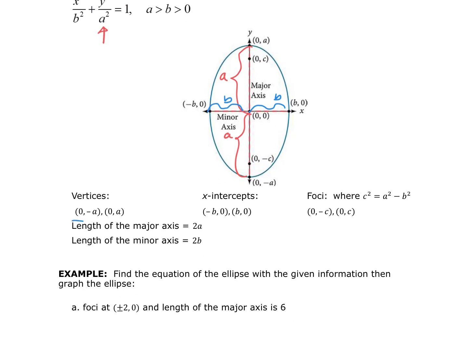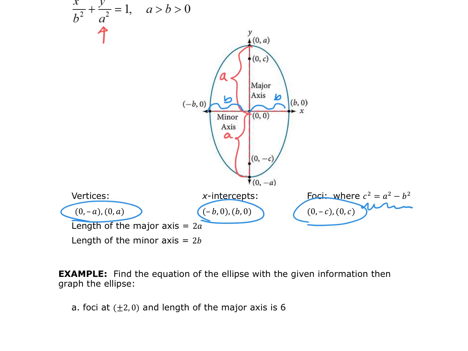Notice the vertices still have an a in them, except now it's 0, plus or minus a. My y-intercepts are my minor vertices. And my foci are still plus and minus c, but now instead of being plus and minus c comma 0, it's 0 comma plus and minus c. And this still holds true. The major axis is still 2a and the minor axis is still 2b.